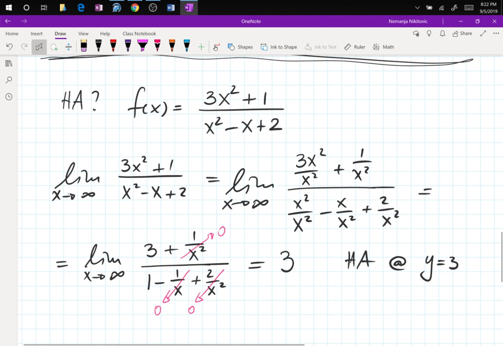If you remember the rules from pre-calculus, the rule said that if you have the same order of exponents, like a square and a square, then the horizontal asymptote is when you divide the front coefficients, 3 divided by 1, which is exactly what we eventually got. That was one of the 3 rules you memorize in pre-calc, but now you can retire all of that because you have the limit definition.